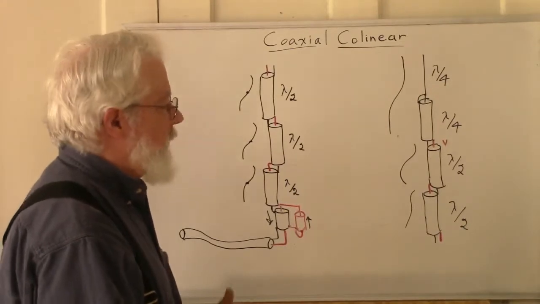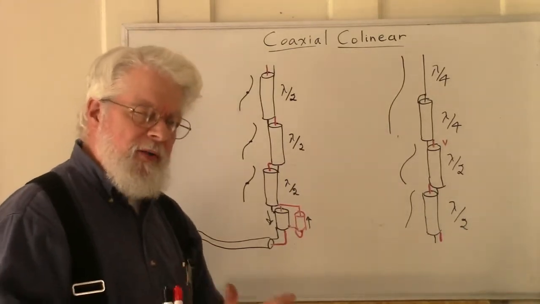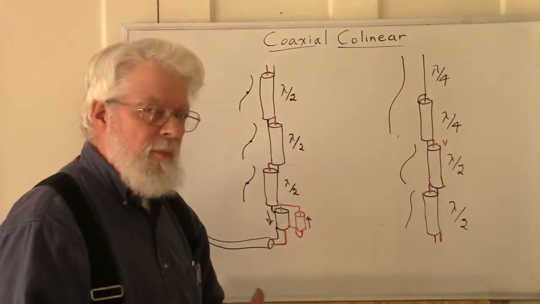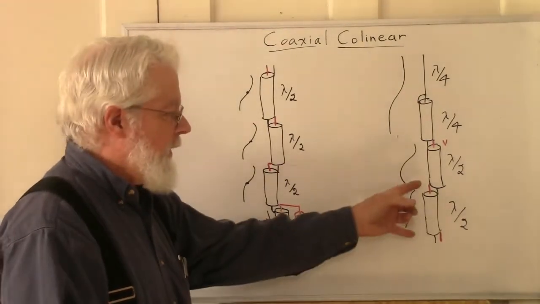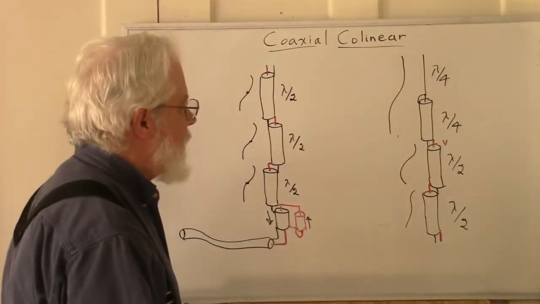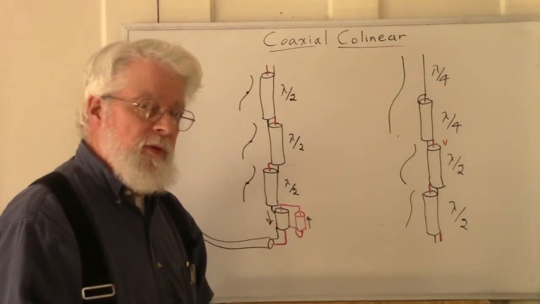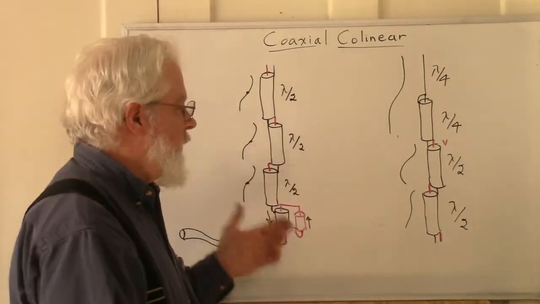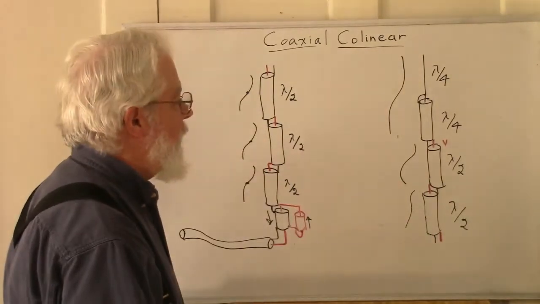So there's a little tweaking, there's a compromise that needs to be met there. The 180 degrees is probably more important than having the outside of the coax being a little too short. But it works. There's plenty of formula on the internet to build these things. There's calculators to tell you what lengths to cut these.